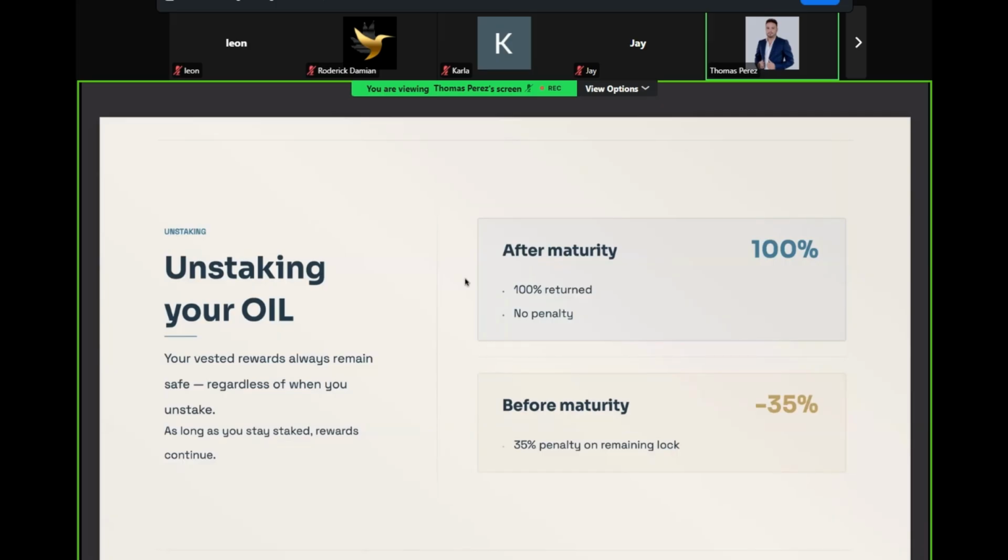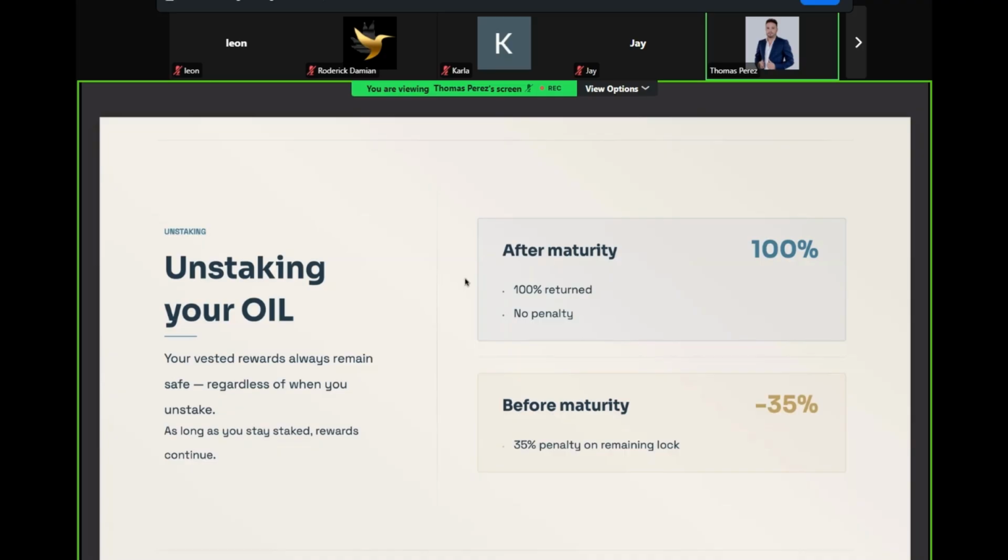Let's say you lock your token for 7 days, 15 days, 100 days, 200 days, whatever. After that lock period, you can unstake your token, and you should unstake your token because they won't be active, meaning they won't generate any more rewards because your lock period is over. So you can unstake your token and you receive 100% of what you staked.